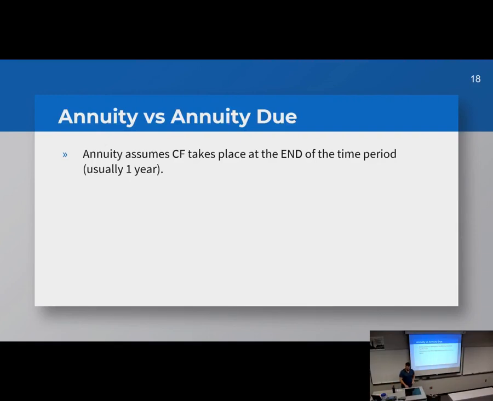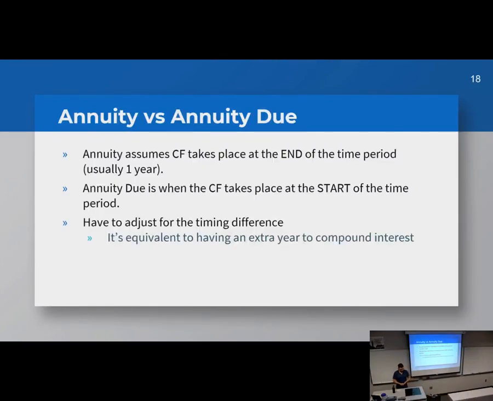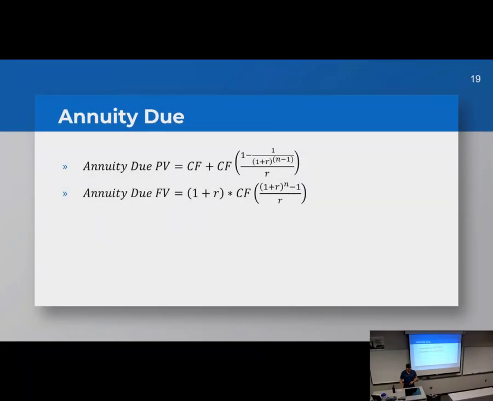An annuity due is when a cash flow takes place at the start of a time period. So we have to make an adjustment to reflect that timing. It's basically the equivalent of just an additional year of interest. If you're looking at the present value, you literally just add in another cash flow, and for the future value, you add in an additional year of compounding.